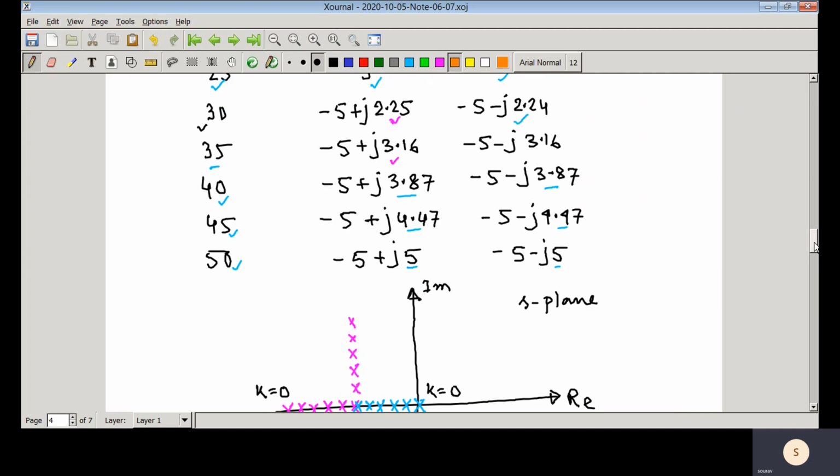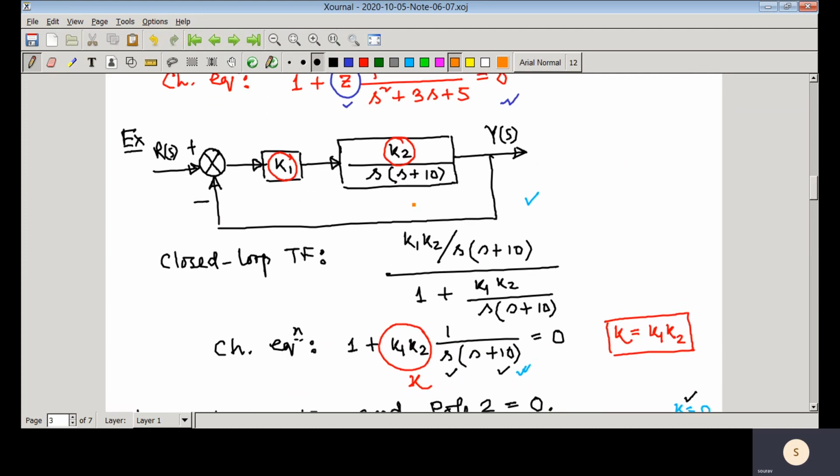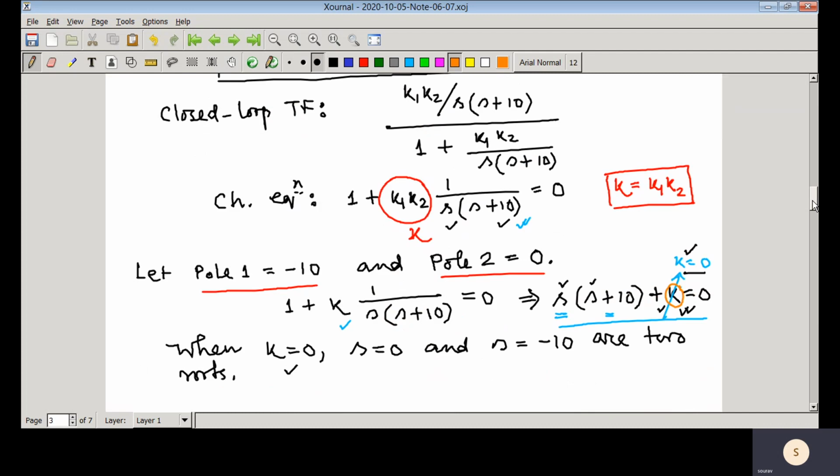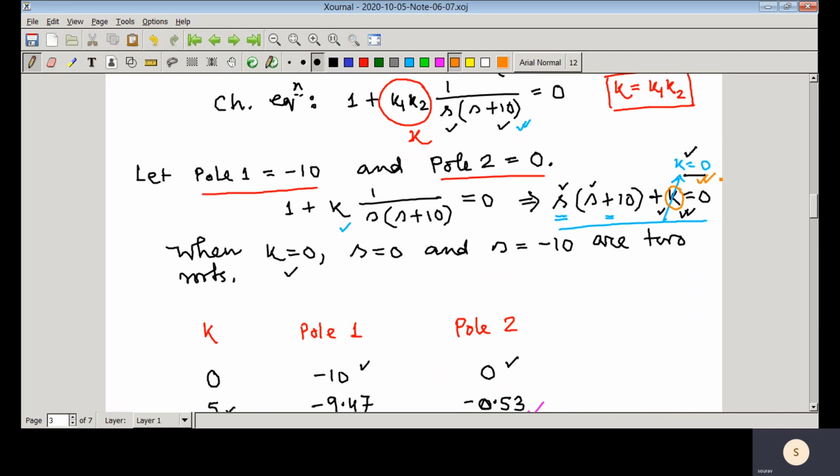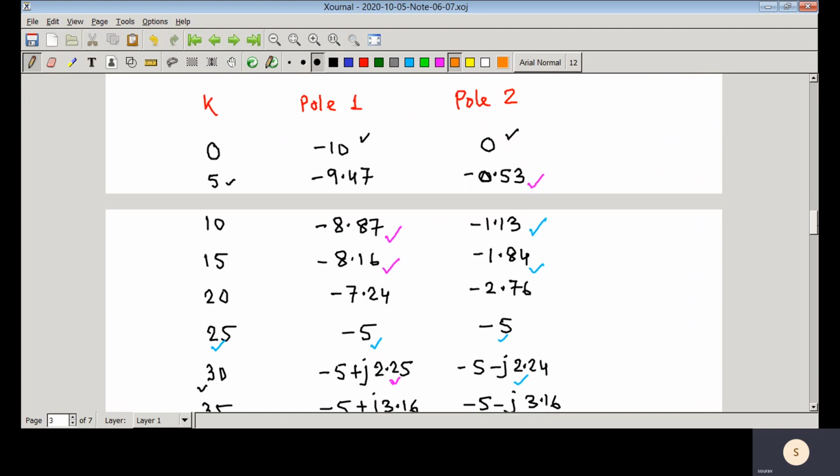So open loop poles means, if you look at here, this is the open loop transfer function, and the open loop poles are at 0 and minus 10. Here 0 and minus 10. And when k equal to 0, we have seen, s equal to 0 and s equal to minus 10.